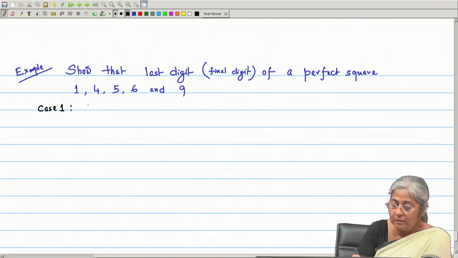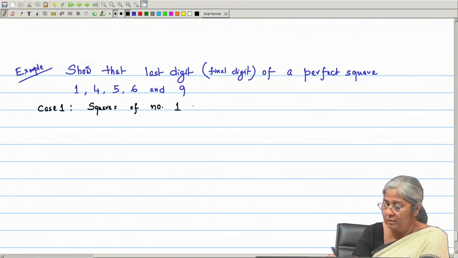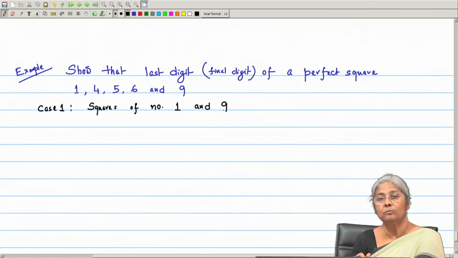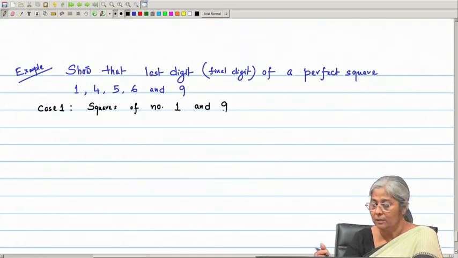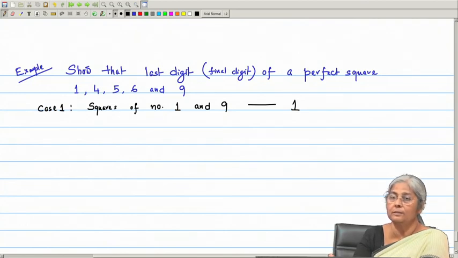I take the squares of numbers whose last digit is 1 and 9. Then the last digit of that particular integer is only 1, because 1 squared is 1 and 9 squared is 81.